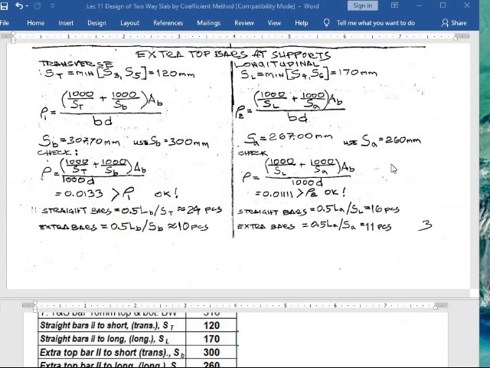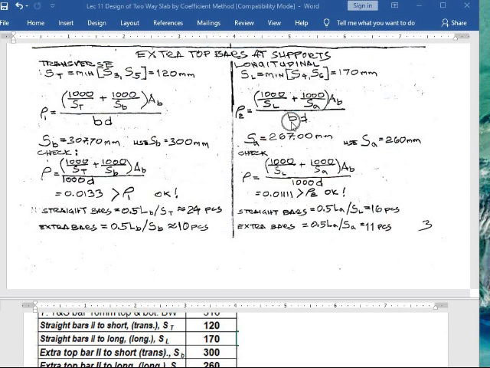For the longitudinal extra bars, the equation is rho 2 equal to this equation. Take note that S sub L is 170. S sub A is our spacing of the extra bar. And A sub B is 113, the area of one reinforcing bar.